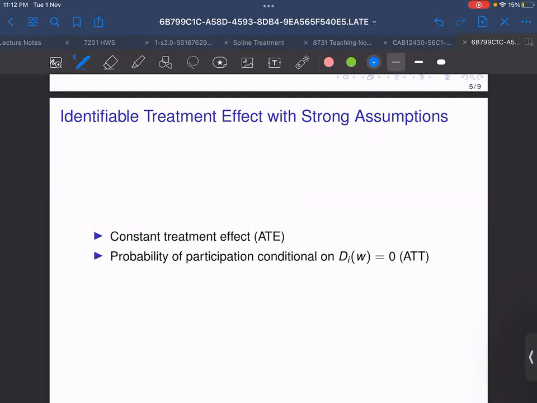But before I tell you why it is a very, very strong assumption, let me show you why that gives us a meaningful interpretation of ATE, which stands for average treatment effect.